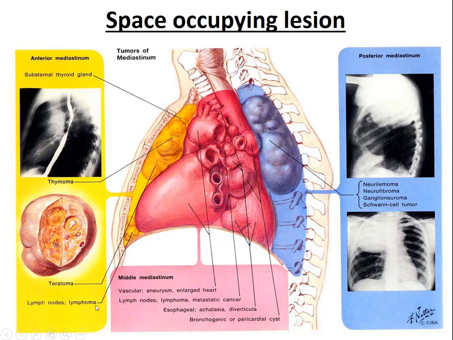Space occupying lesions means there is some mass which ultimately increases in size. That may be of many types. Either it may be a lymph node enlargement, or a blood vessel enlargement due to venous engorgement, or there may be an aneurysm, or a tumor of the surrounding structures.